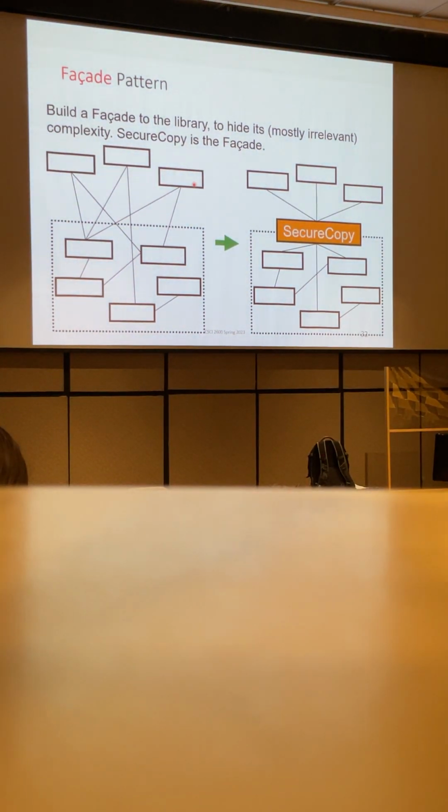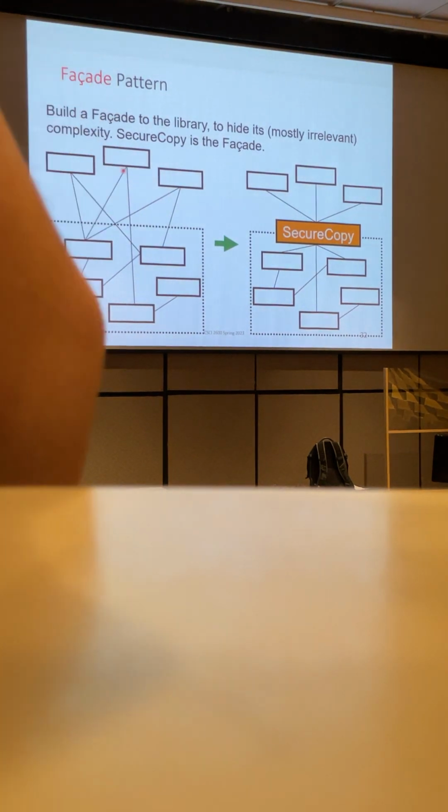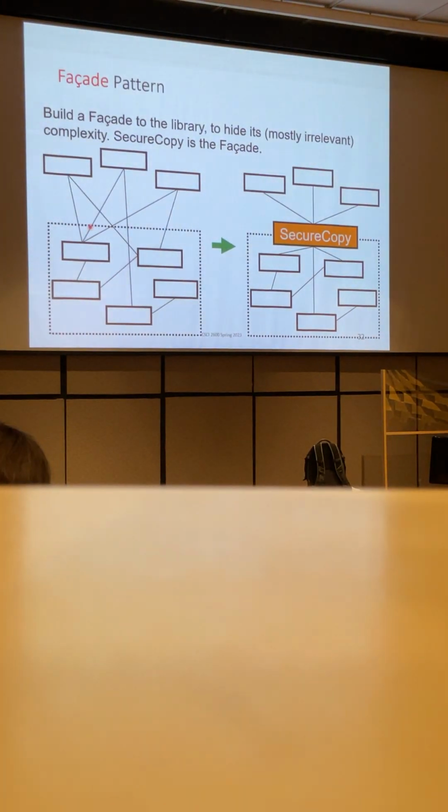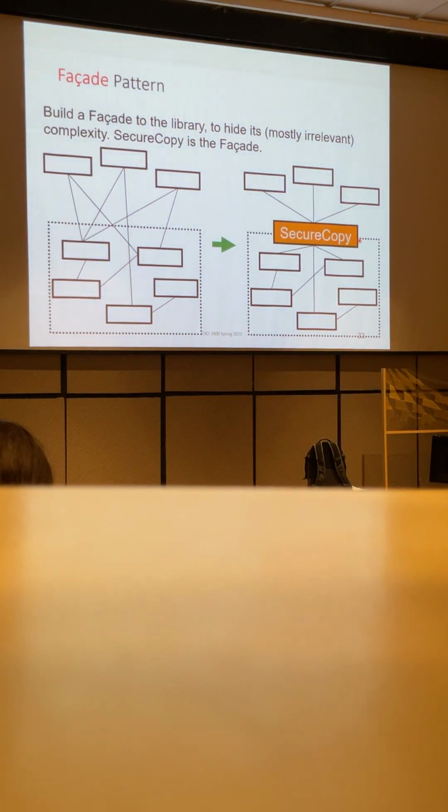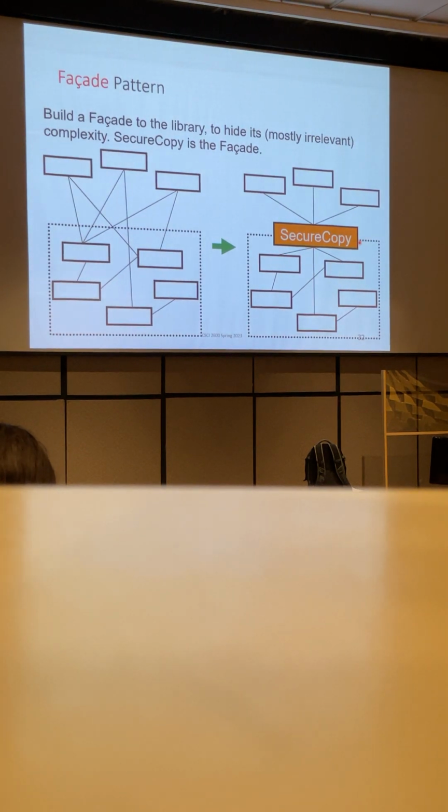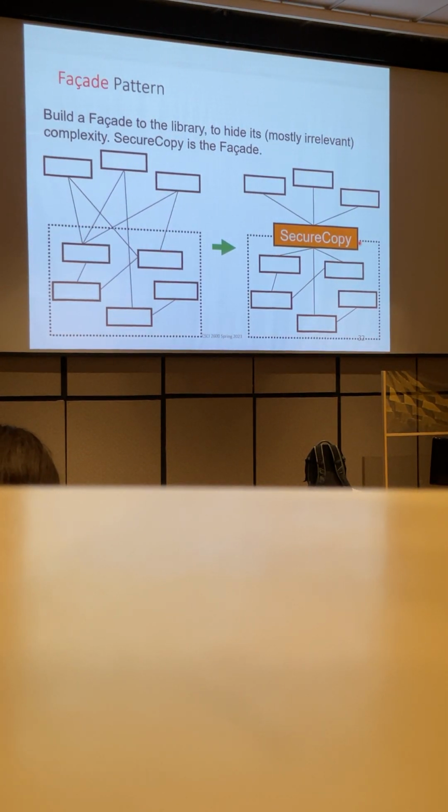If the client uses the library directly, it needs to know everything about the library and all the pieces of it. What we want to do is have a shell, let's call it secure copy, that presents to the user a simplified view of this library. Of course, it's only going to expose part of the functionality of the actual library.